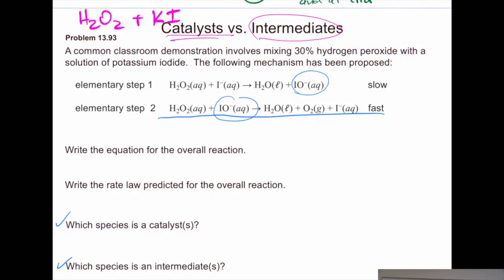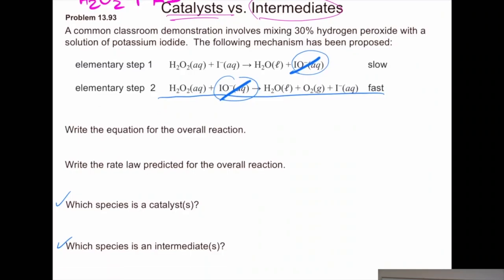Because it's in the products and the reactants, but specifically, it's in the products of the first reaction and then in the reactants of the second one. So it's produced in one reaction and consumed in another as part of a multi-step process. So you never see it. You don't start with it, and it's not there at the end. It's made and consumed, which means it cancels out. So that means that the intermediate was IO minus.